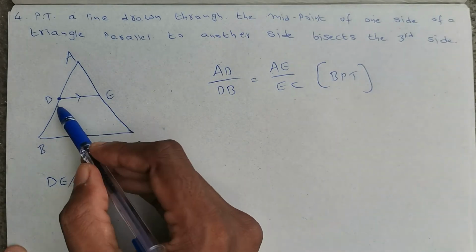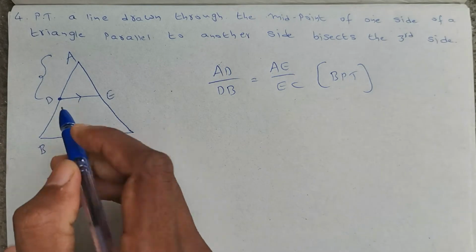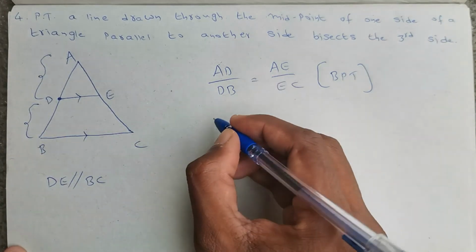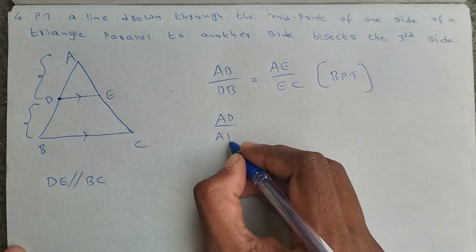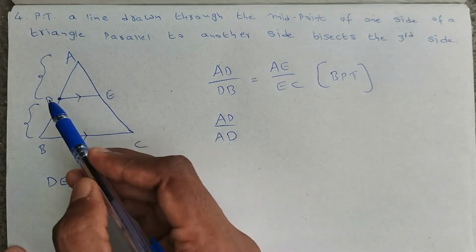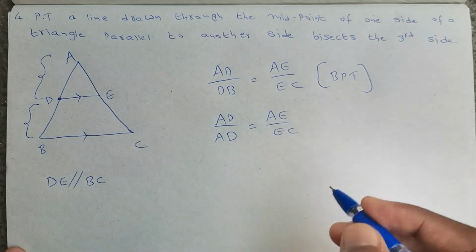Now, D is the midpoint, so it means this AD measurement is exactly equals to this DB measurement. So AD divided by, in the place of DB also I am writing AD only, because both the measurements are same, because D is the midpoint, equals to AE divided by EC.